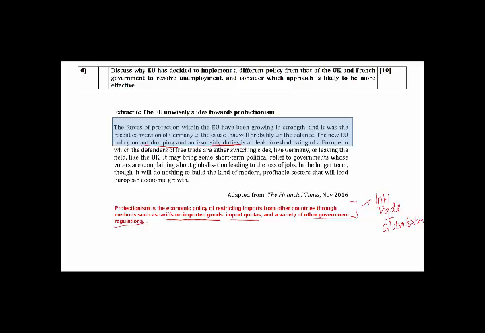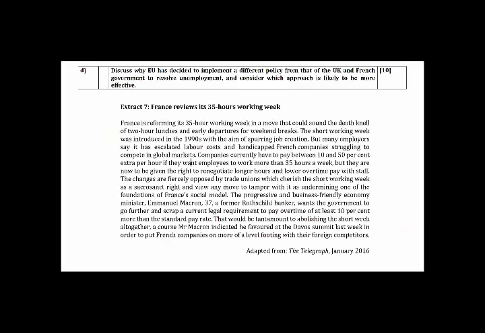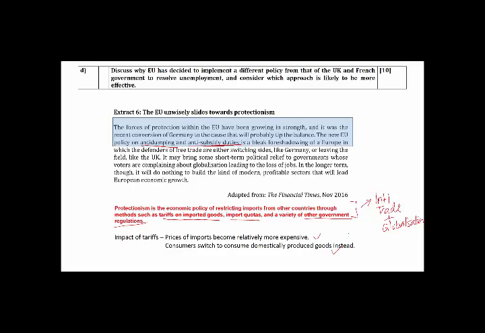So the imports that US buys from China right now will become slightly more expensive. This means that imported goods from China become relatively more expensive than your domestic goods. Because that's what a tariff does. And what happens here is your US citizens will then switch to consume domestically produced goods.